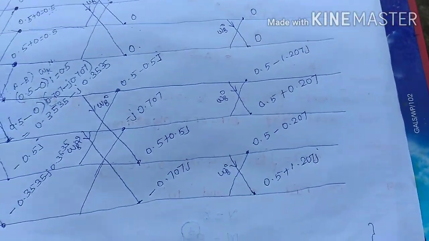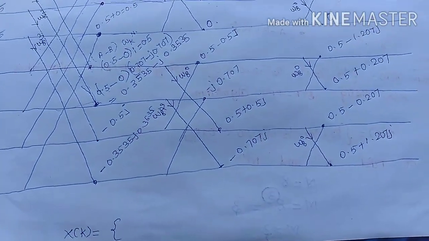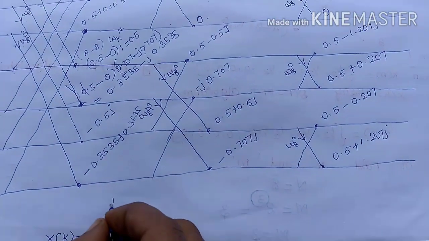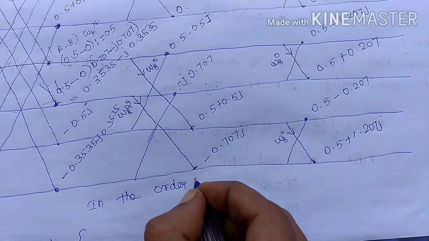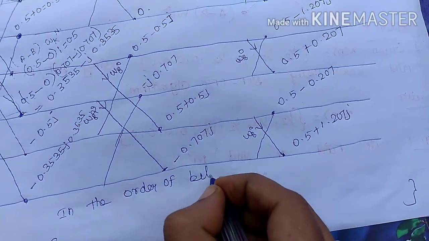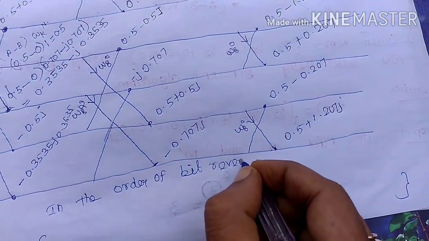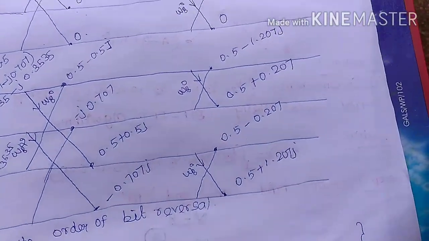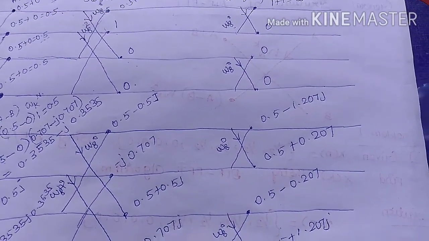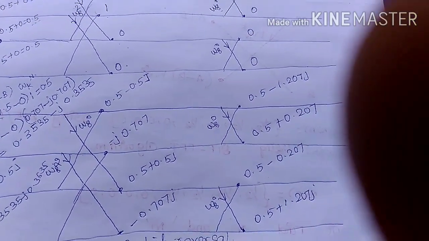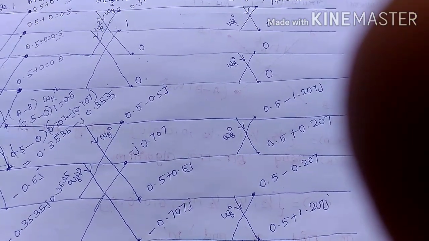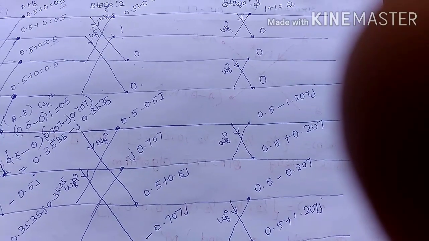Okay, then finally write our final output in the order of bit reversal. In a DIT problem our input is in bit reversal order and our outputs are in normal order, right?